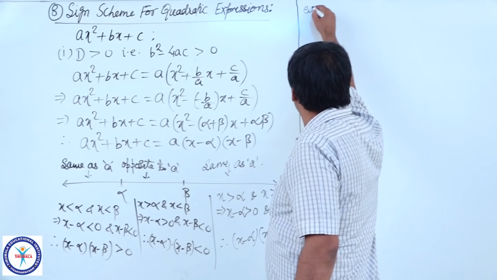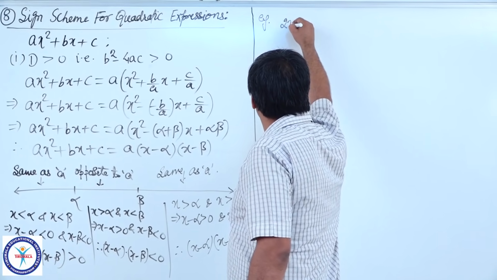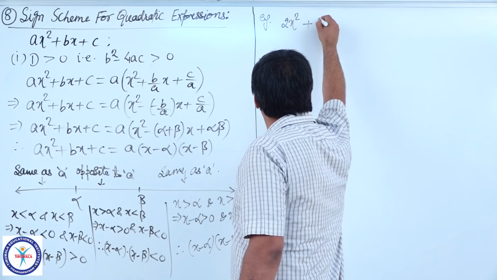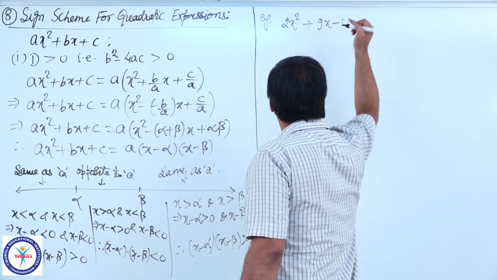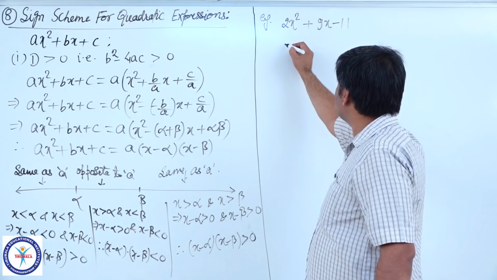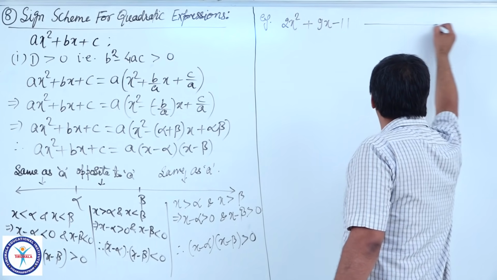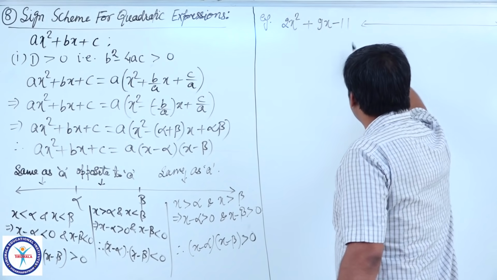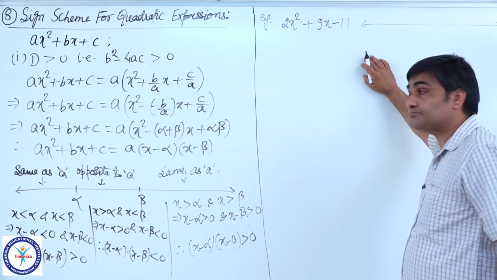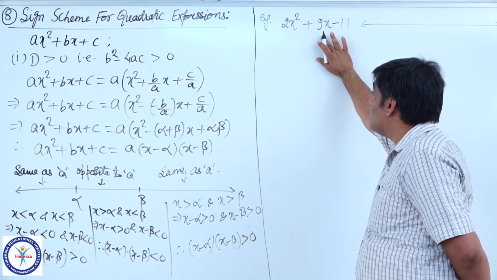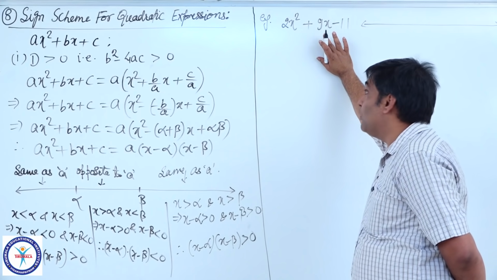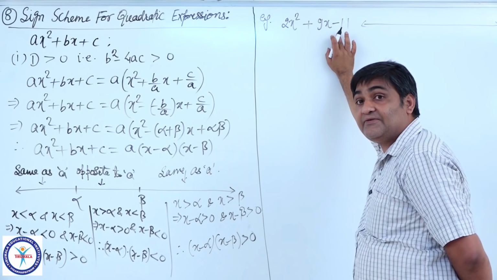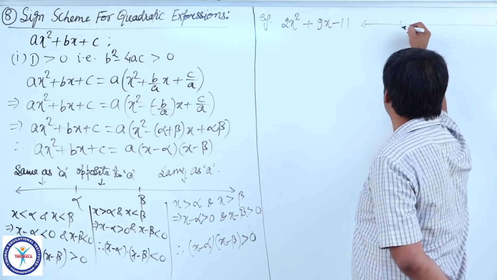For example, let us consider 2x square plus 9x minus 11. First of all, write the roots. Roots are what? 1 and minus 11 by 2.